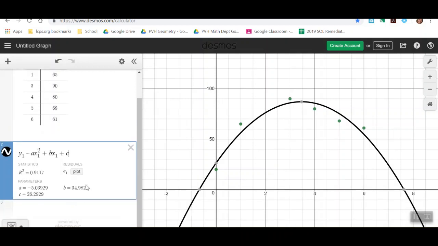And these A, B, and C values are what we need to write our equation. And we're going to use those and we're going to round to 2 decimal places.